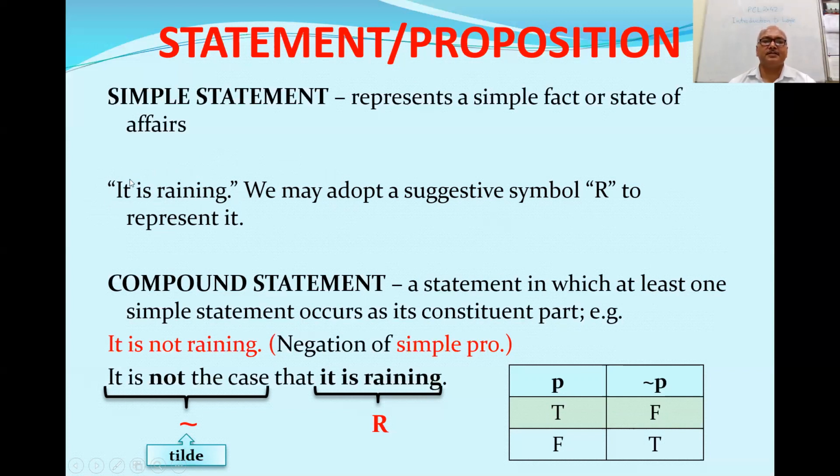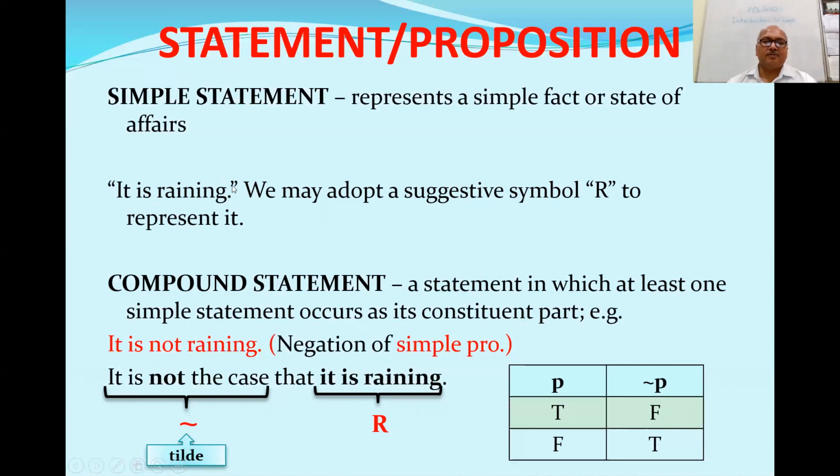It represents a simple phenomenon, and if we look into the reality, we see that it is raining, then this statement, it is raining, becomes true. And if in the reality there is no rain, then this particular statement is false.